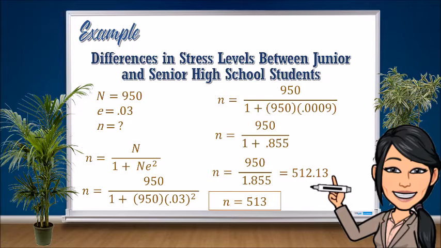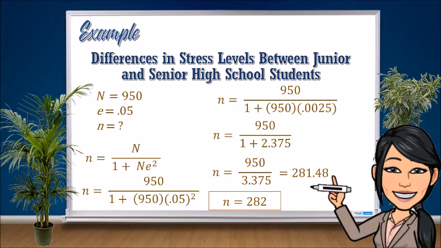Finally, divide 950 by 1.855. You will get 512.13. Round to the next higher number. Sample now is equal to 513. It means that we need 513 samples out of 950 to get a 97% confidence level.